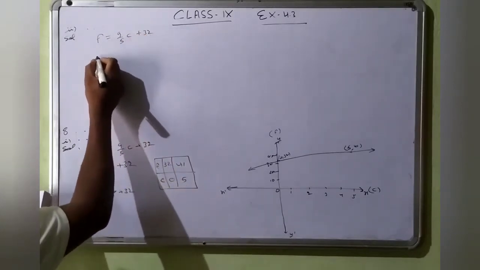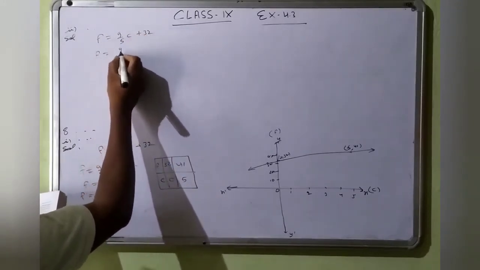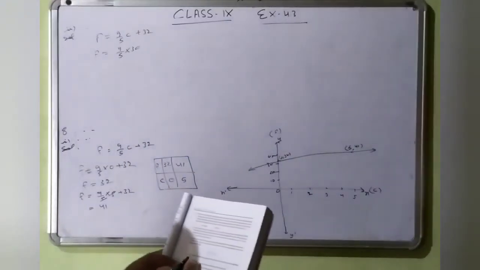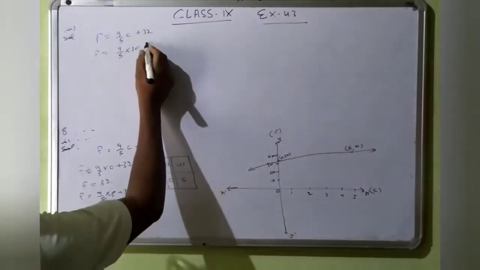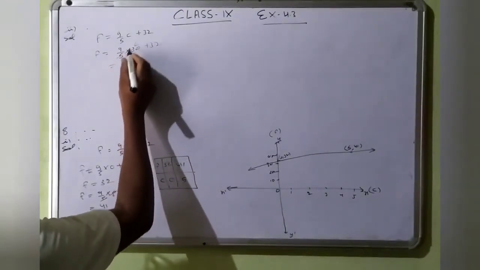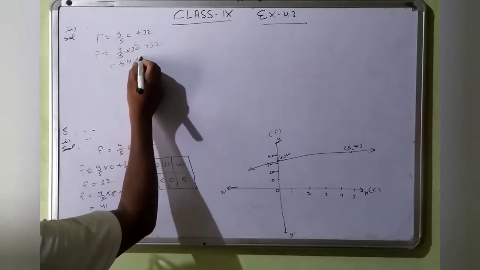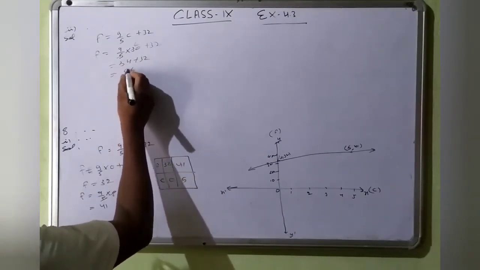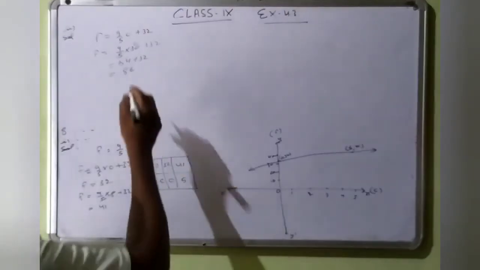So F is equal to 9 upon 5 into 30, because Celsius is 30 degrees as given here, plus 32. 5 sixes are 30, 9 sixes are 54, plus 32, that is 86.